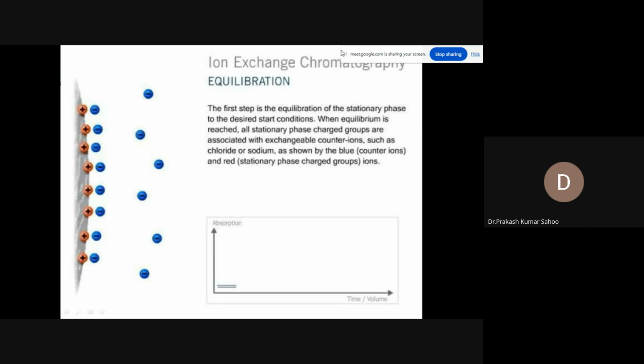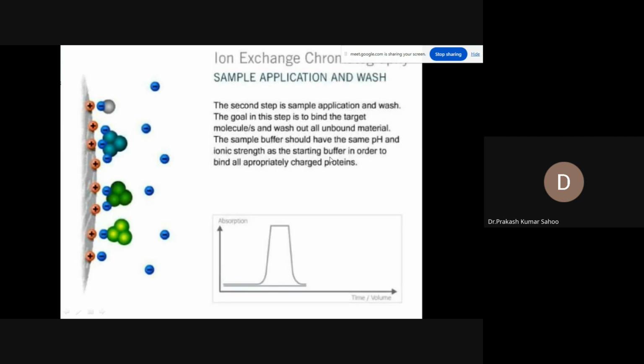When equilibrium is reached, all stationary phase charge groups are associated with exchangeable counterions, such as chloride or sodium, shown by the blue or red ions. So blue is the counterion, and the plus is the red ion, the stationary phase charge group. So there are two ions, a positive ion and a negative ion.